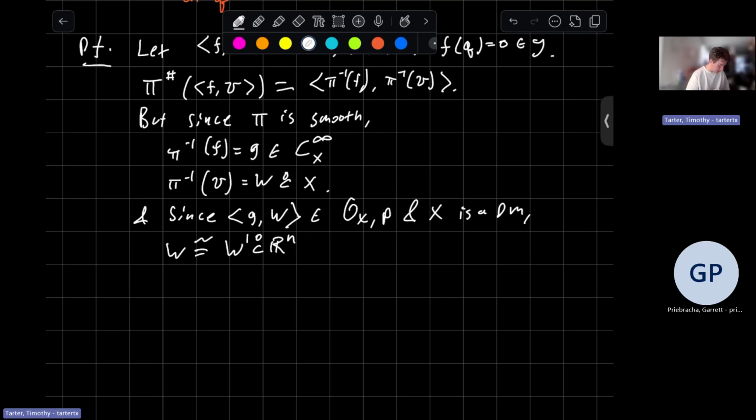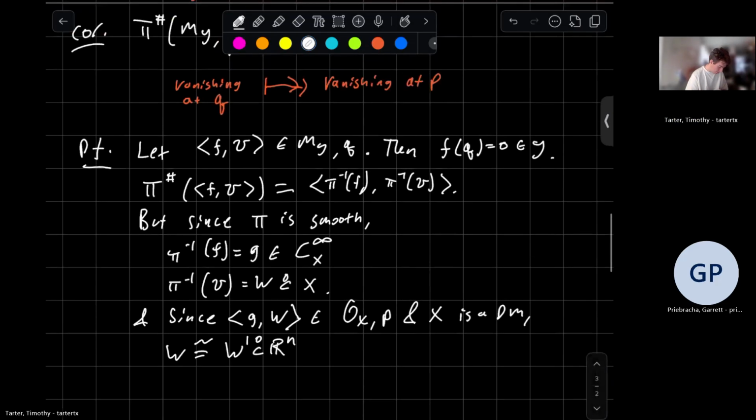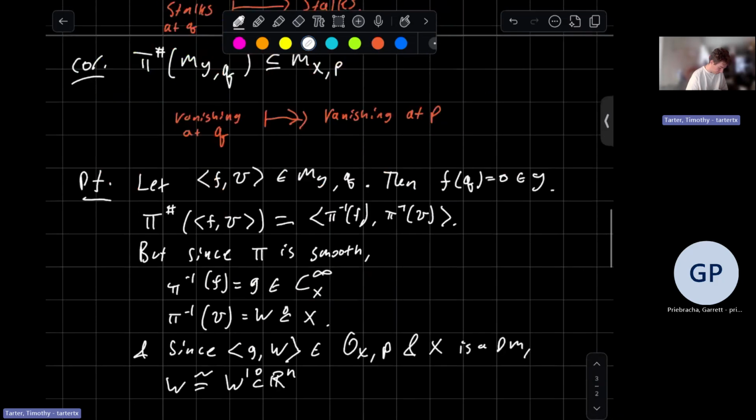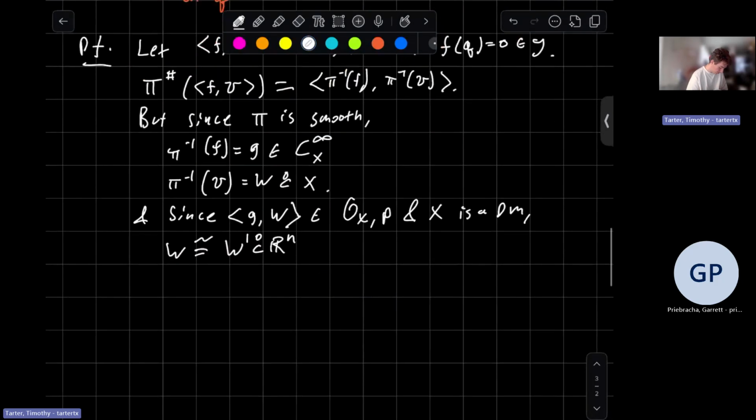And so since W prime is open in R^n, it means that... What I'm trying to get at is that we can't have moved or shifted the structure so much that we don't have a vanishing within P or within W.